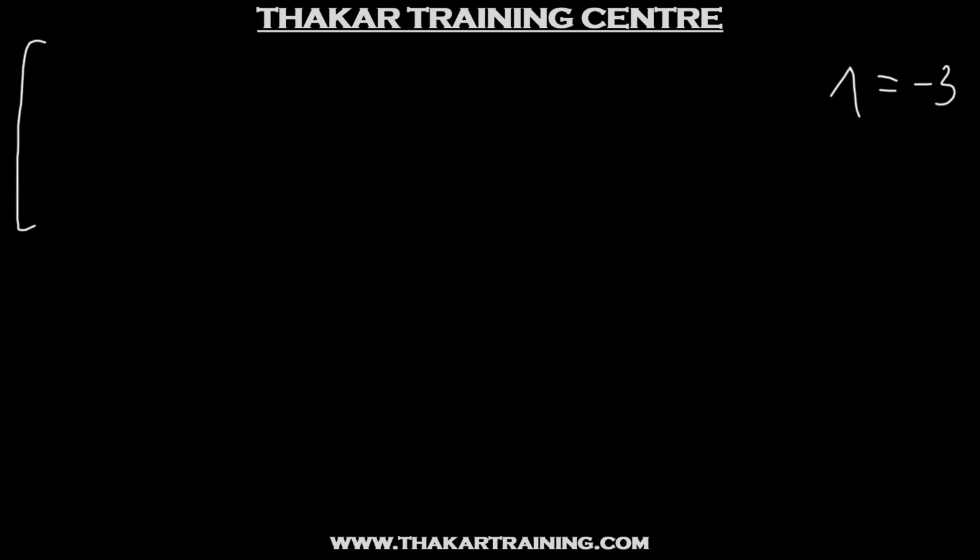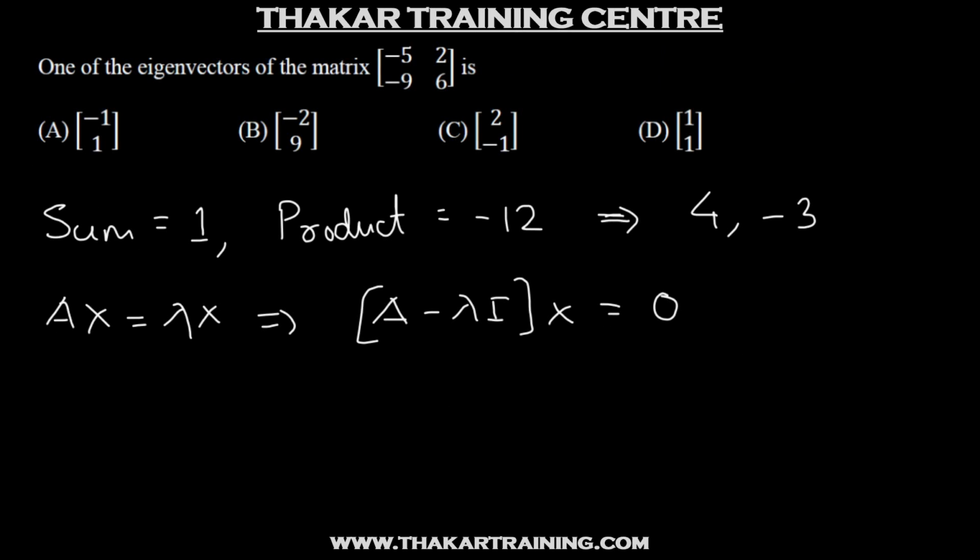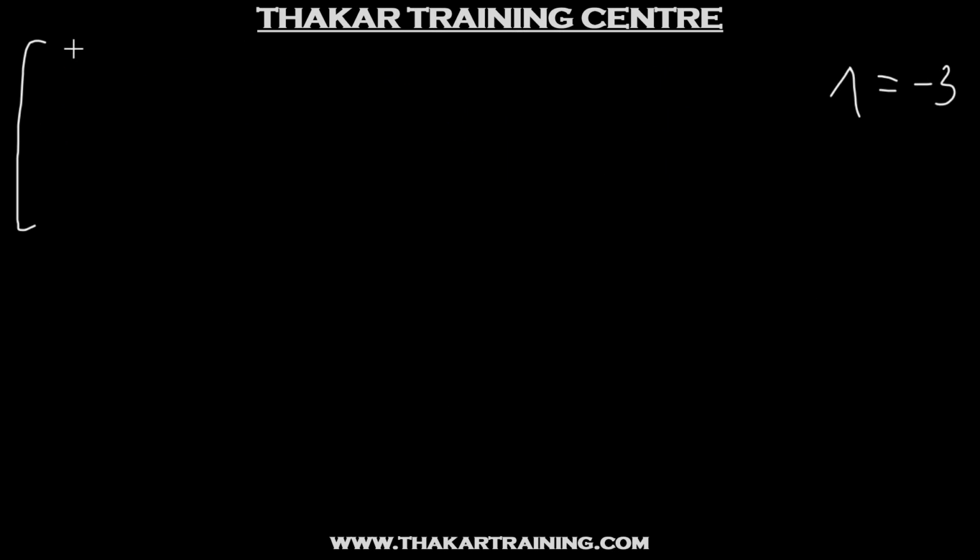What is the matrix? Matrix that we have is minus 5, 2, minus 9, 6. And then we are doing minus lambda I. So this will become plus 3.